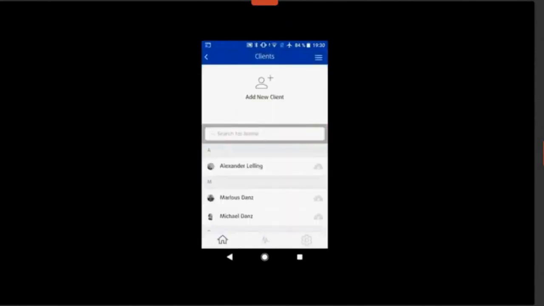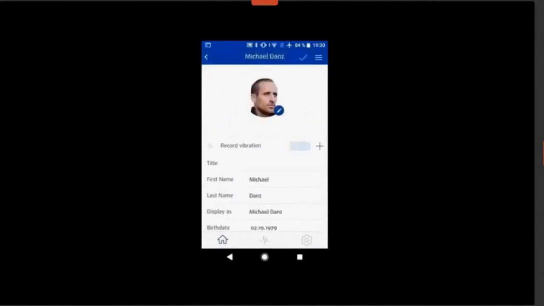Good. However, now I want to go a little bit through. You see the button clients. I'll just show myself right now because this is maybe very obvious, and now you also know my birth date, but that's fine. You import a picture, you take a selfie, and whenever there is record vibration, you take your Healy into your right hand, you record a personal vibration, which identifies you or the client, whoever is the active client, clearly in the information field.